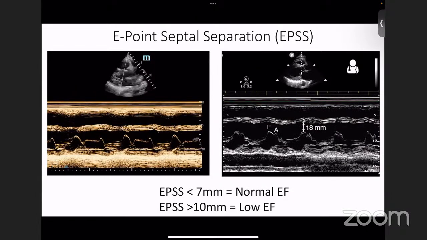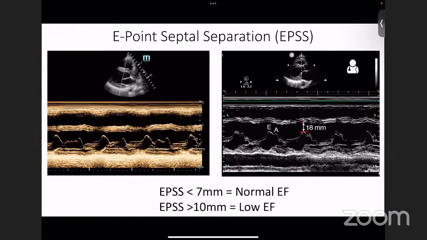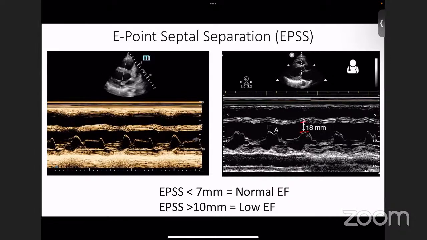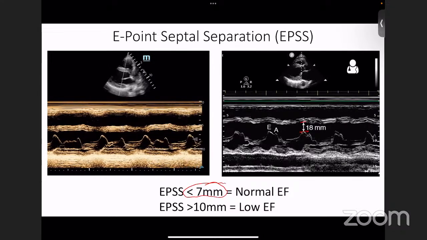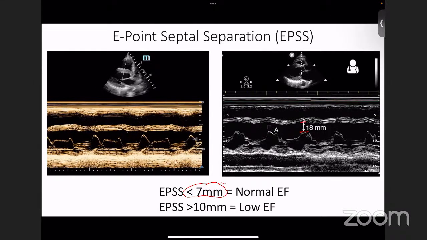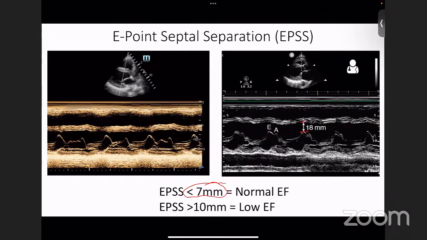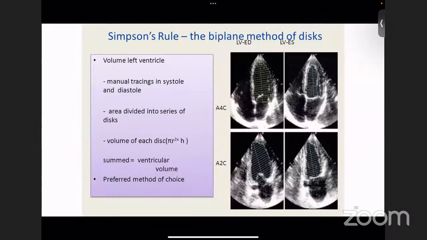If the distance calculated between the tip of the E wave and the interventricular septum is less than 7 millimeters, that means the ejection fraction is normal. If it is more than 10, then there is a low ejection fraction. Here the calculated one is 18 mm, so definitely this patient will have a low ejection fraction. So this is E point septal separation.